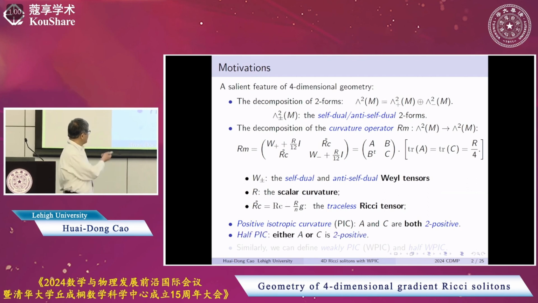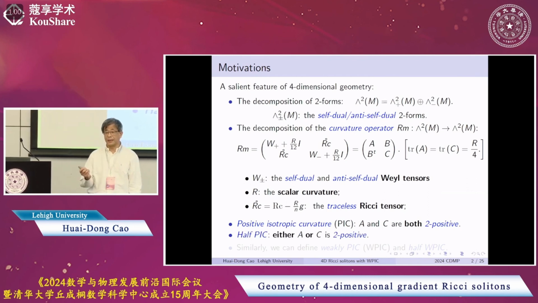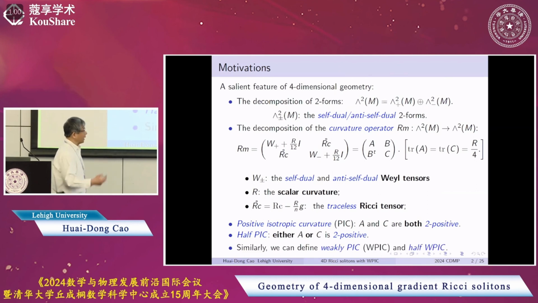Now, of course the PIC notion is valid for all dimensions bigger than or equal to 4, but in the special case of dimension 4, we can also have a notion called half PIC. That means either A or C is two-positive definite. Similarly, we can also have weakly, non-negative.